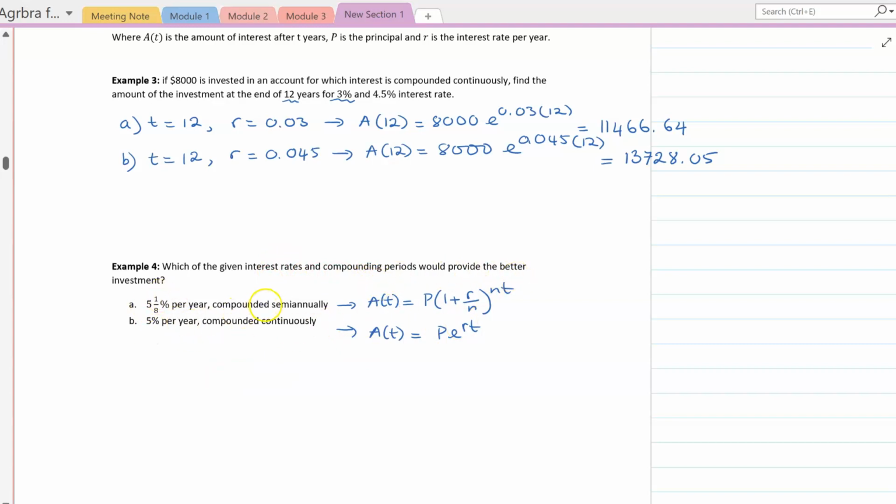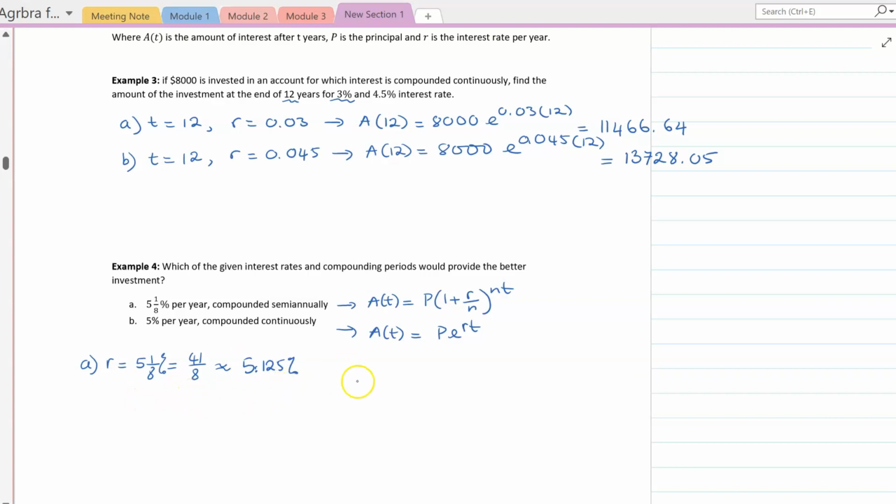We want to compare which interest rate and compounding period will give a better investment. So let's try this. Part A, r equals 5 and 1/8, and that is 41 over 8, and that is about 5.125%.